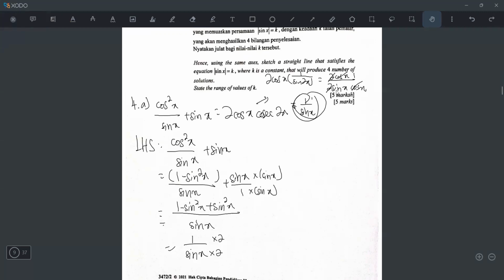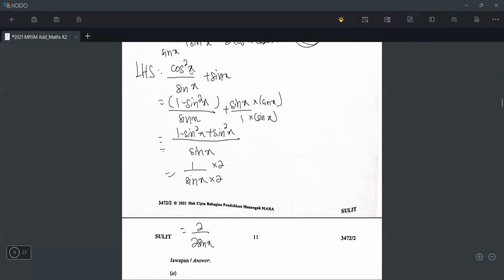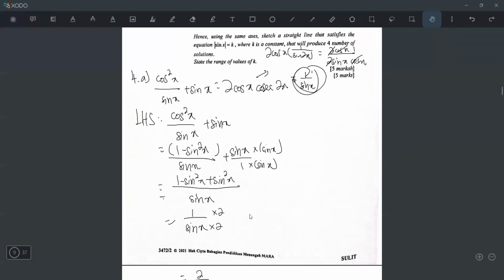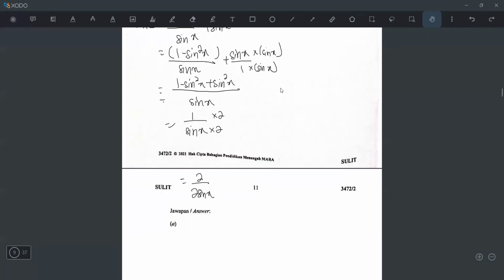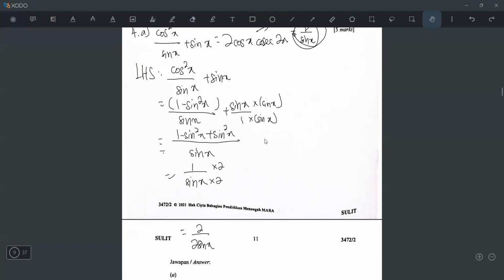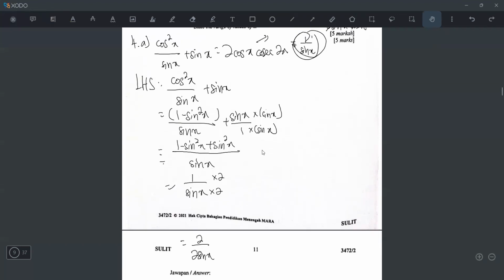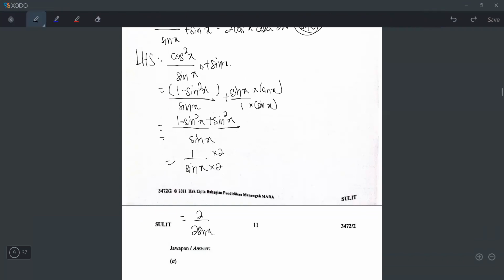But wait, 2 over 2 sine x, but I want this one, right? So okay, actually you have to times 2 cos x lah, because remember you cancel the cos x also.